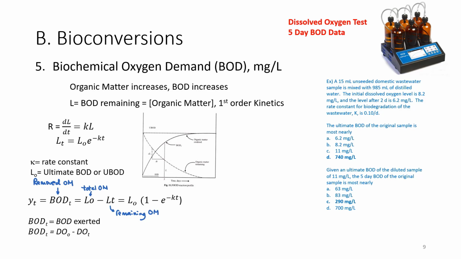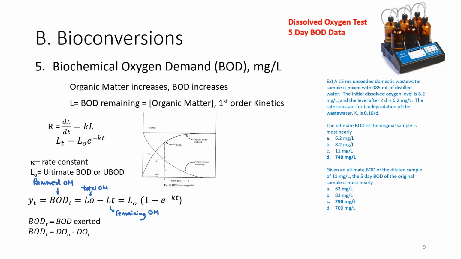The BOD decrease follows first-order kinetics, as seen here, where it drops exponentially. The BOD removal, Y sub t, equals the initial BOD, or the total organic matter, minus the BOD at time t, or remaining organic matter at time t.